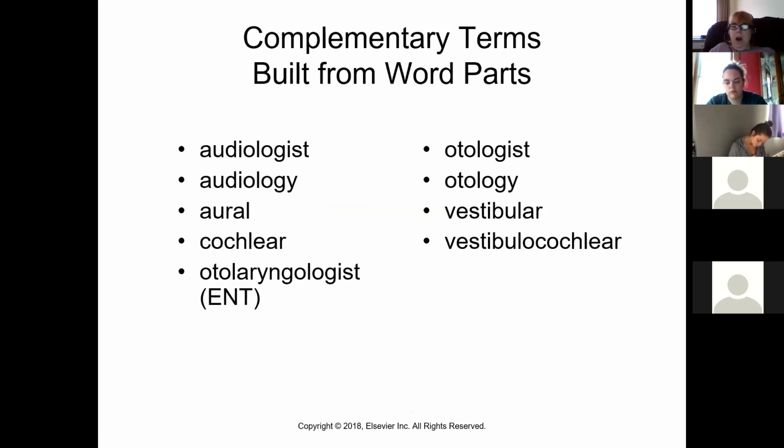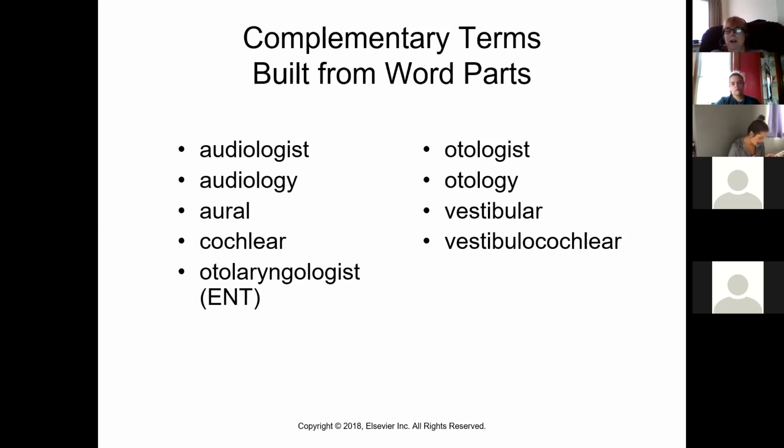Okay, so an audiologist is the person who helps people test for sound, and they also are the ones that will help the patients with getting a hearing aid. Okay, an otolaryngologist is a doctor who studies the ear, nose, and throat.